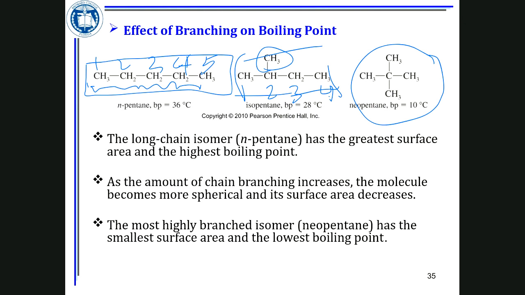I can start from this CH3, go down, or go straight, but anyway, it's going to give me 4 carbon. In this case, for neopentane, I have 3 carbon in a row only, 2 and 3. I have 2 branches. Branching is going to lower London dispersion forces.